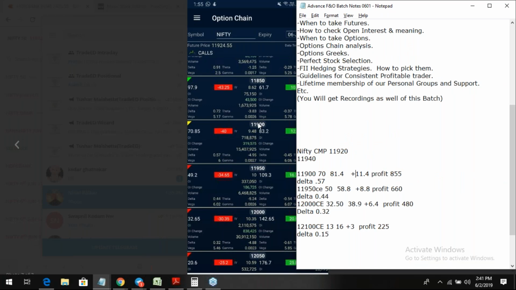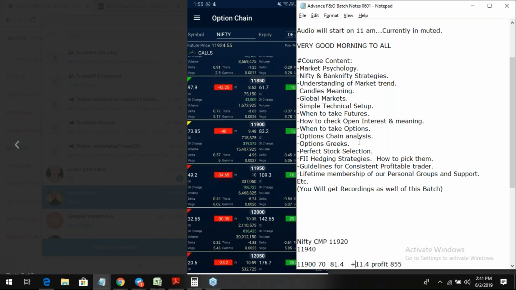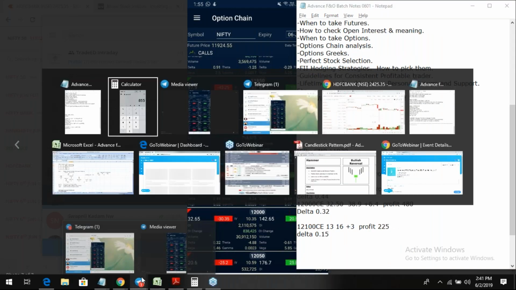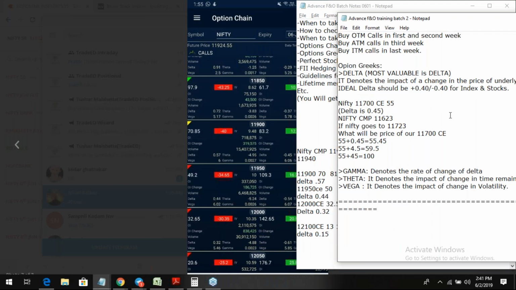See, the 11,850 call delta is 0.72. But it depends on you which strike price you can buy. Personally, I'm saying you have to buy a delta which is above 0.40 or 0.35. A small trader can also buy, right?